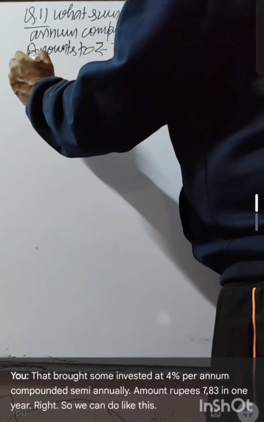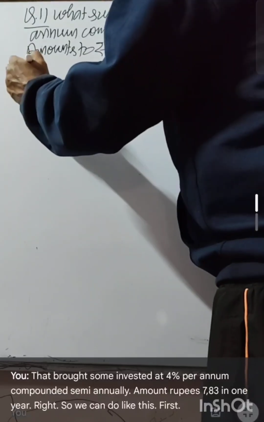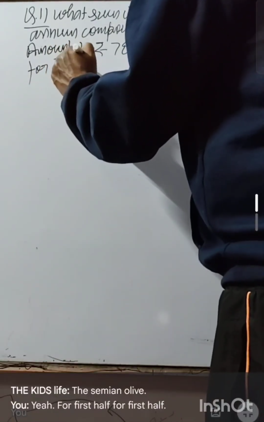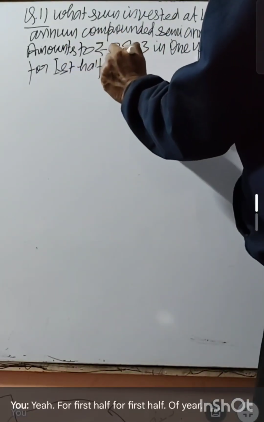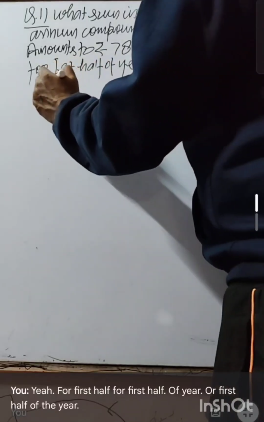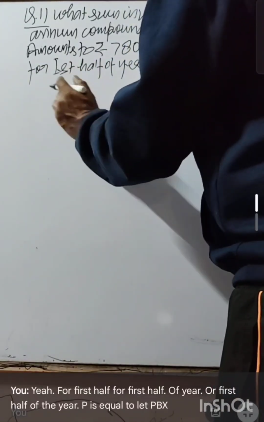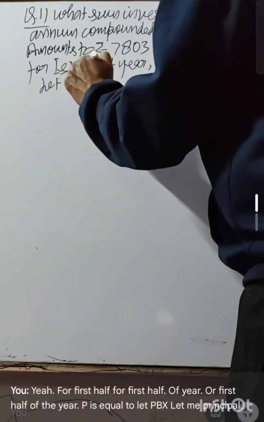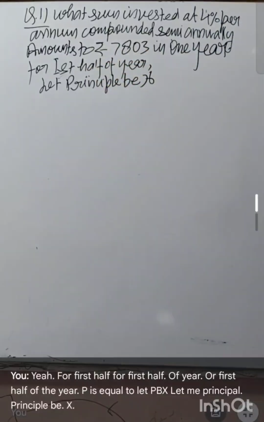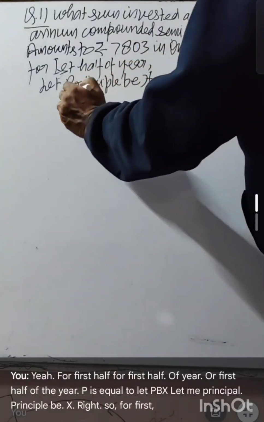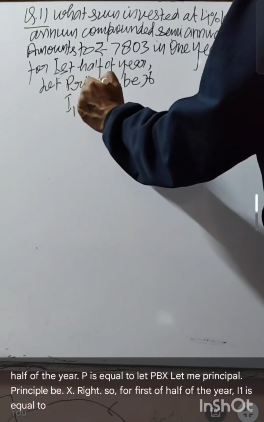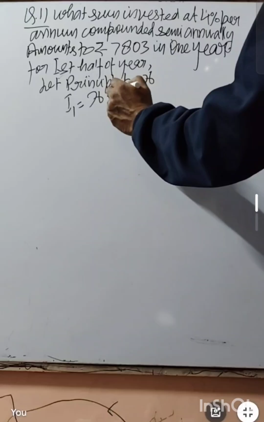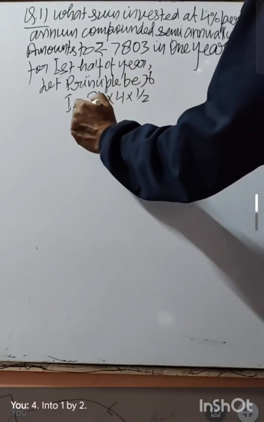So we can do it like this. For semi-annually, meaning half yearly, for the first half of the year, let the principal P be X. So for the first half of the year, I1 is equal to X into 4 into 1 by 2 upon 100.